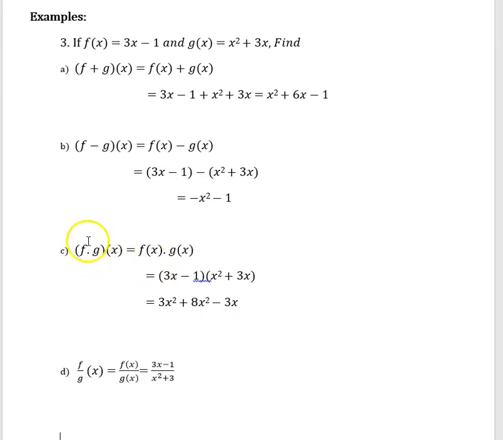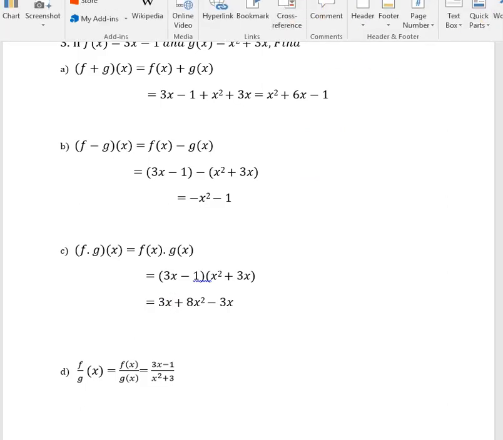Example 3 is the multiplication operation. So this gives you f of x times g of x. And if I do that, I'm going to be opening the bracket using your FOIL system. If you open the bracket there and simplify, you're going to be having 3x cubed, not 3x squared, 3x to the power of 3.